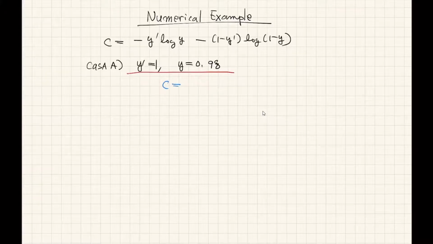Then C is becoming, sorry, because Y is equal to 1, the second term is actually becoming 0. So we consider only the first term. Let's consider a second case.